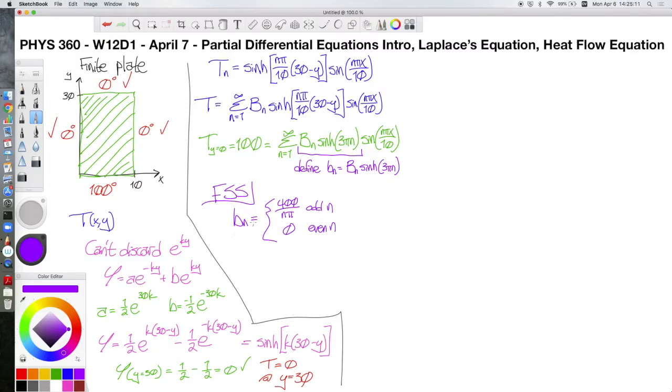But this is little bn, and we still need values of big Bn, because that's what we're missing here in our general solution up here where I've placed the pink arrow.